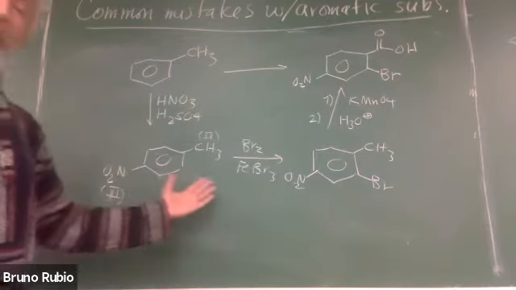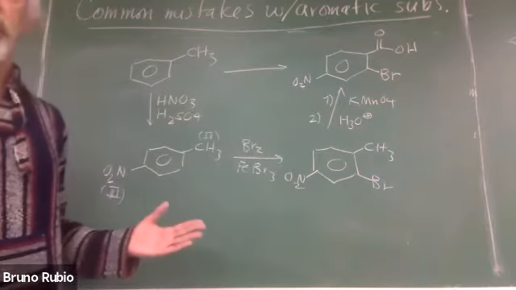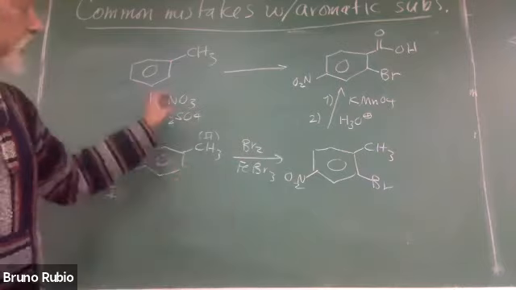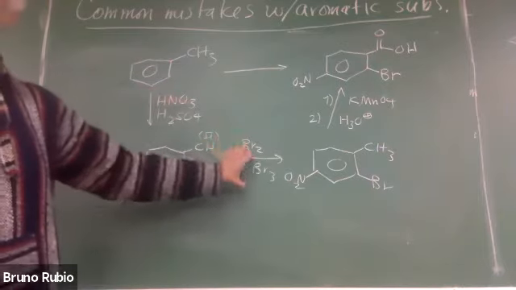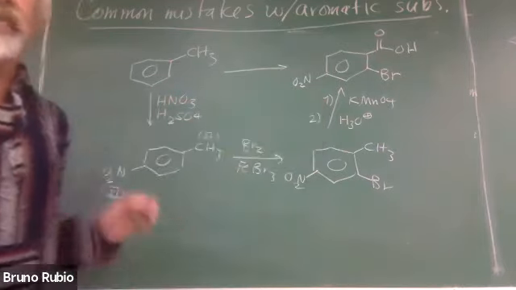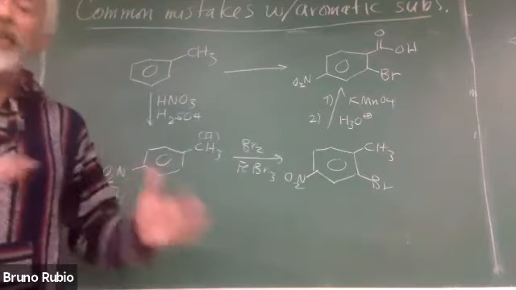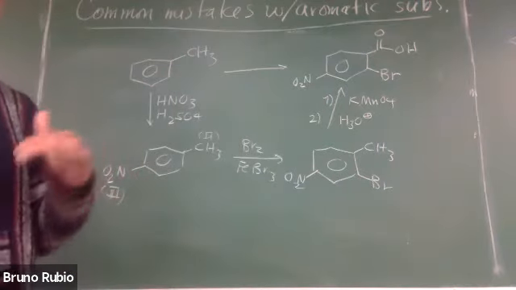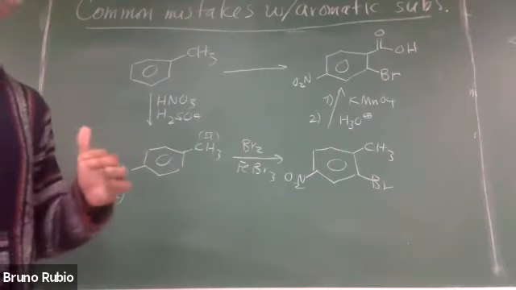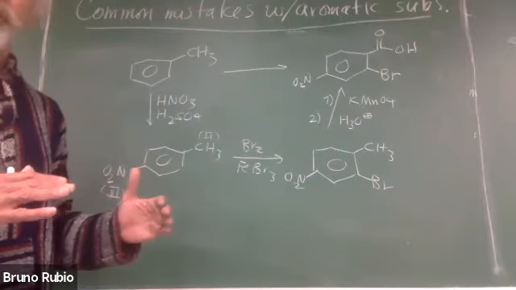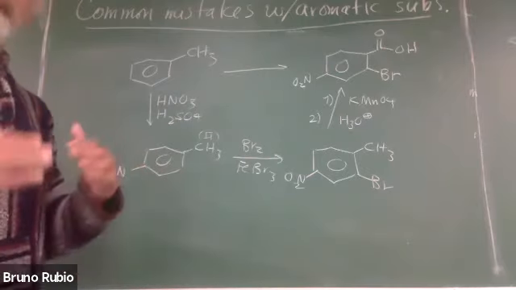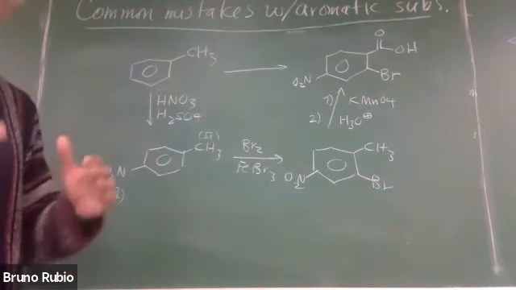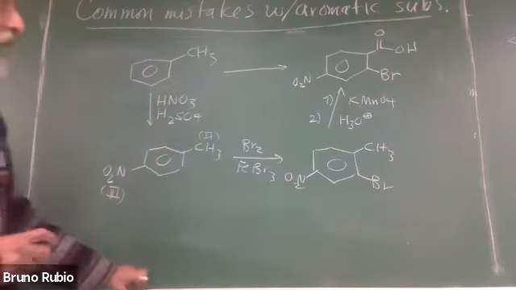So again, the order of the steps here is critical. It's essentially 3 steps: a nitration, a bromination, and an oxidation. But you can't do them in just any order. You have to make sure that the substituents that are already on the benzene ring have the correct orientation for the next step.